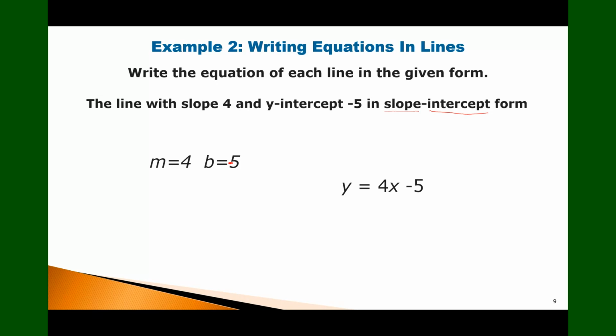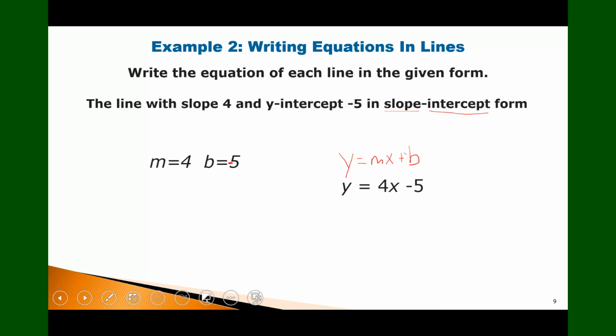I don't expect you to write down the formula. I know you all know y equals mx plus b form, so that's the form you're going to plug it into. But just in case you've forgotten, it is y equals mx plus b.